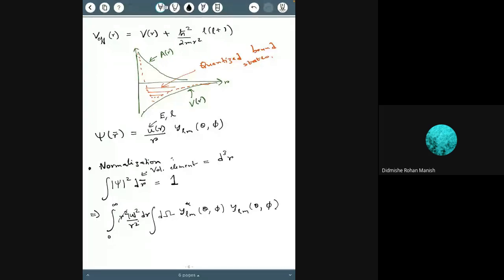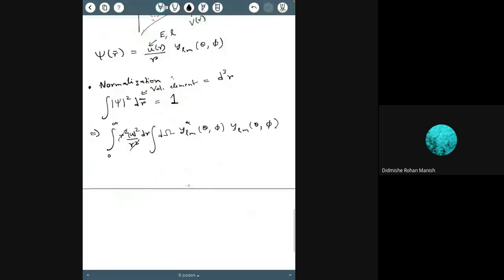The r squared cancels. And we know that Y L M form an orthonormal set, so this is basically equal to 1. So effectively what you need to do is normalize the radial part of the solution u from 0 to infinity, and that will give you a normalized psi, because we have already taken care of the angular part.